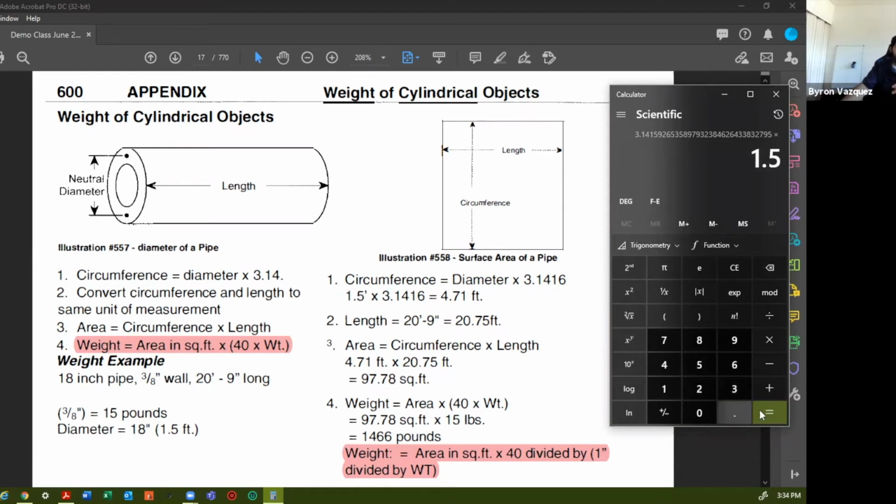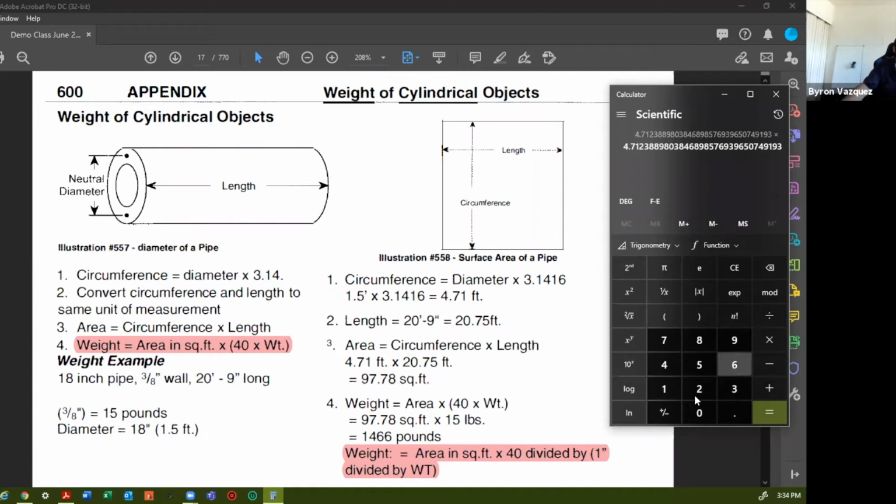So I've already converted this for you. So 4.75, 4.71 feet, excuse me. And then our length, we need to make sure that it's the same unit of measurement. So here we were given 20 feet, 9 inches, and I've converted it to decimal feet, which is 20.75 feet.